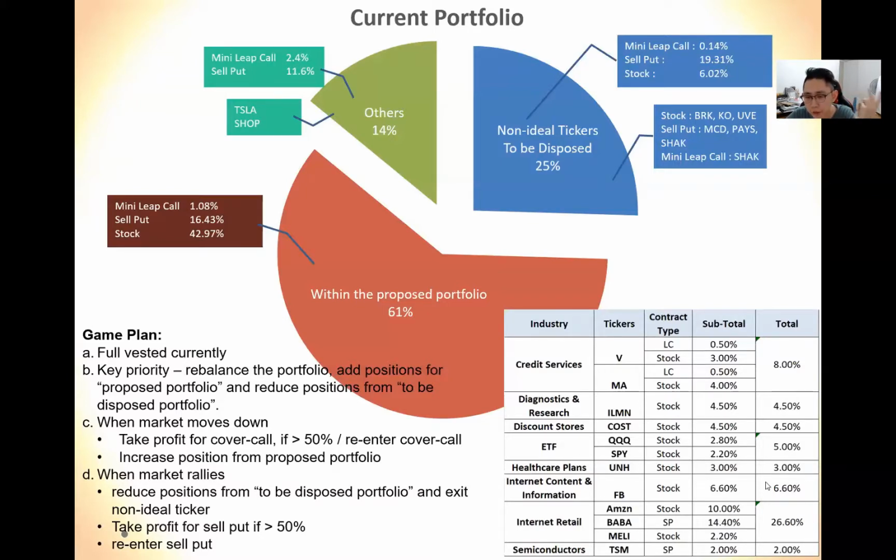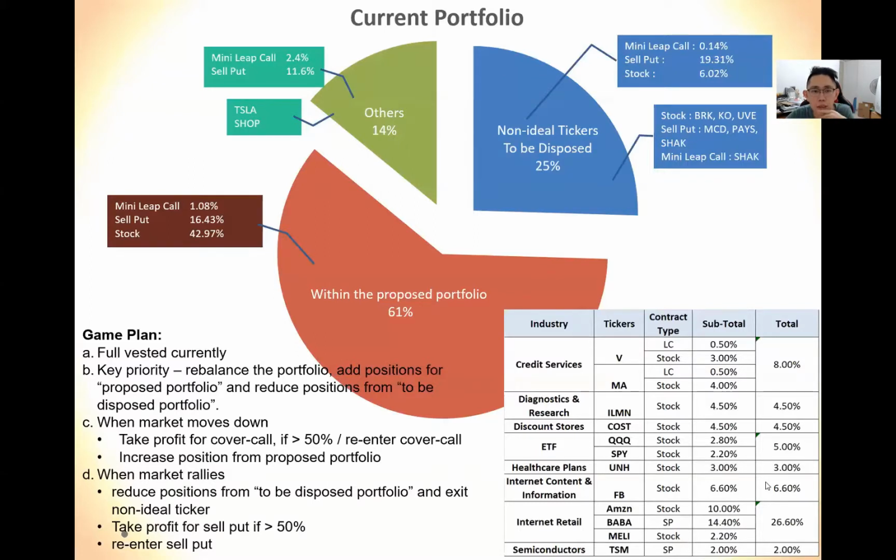For example, I might not have Costco, but I think it's a good company. It's one of the retailers that is doing quite well in this landscape now. And for semiconductors like TSM, some of you might know semiconductors is quite a cyclical industry, so that's something to think of. Other than that, I think it's really okay.